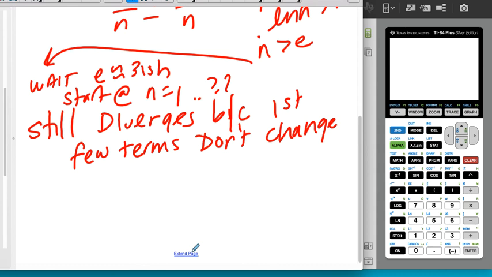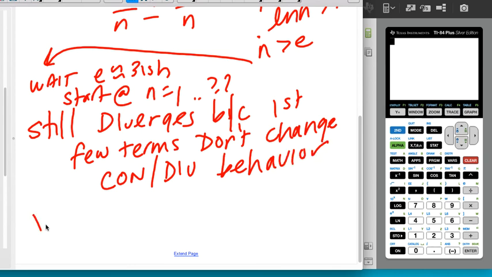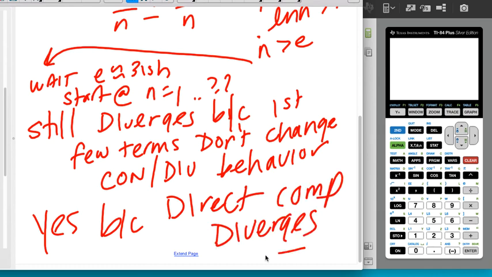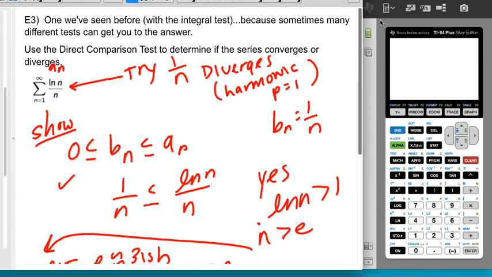Adding or subtracting finite terms will not change an infinite value to finite and will not change a finite value to infinite. So those first couple of terms don't change converge or diverge behavior. So the answer is yes. By direct comparison, this thing diverges, because again, we are looking at a function that is bigger than a known divergent series.